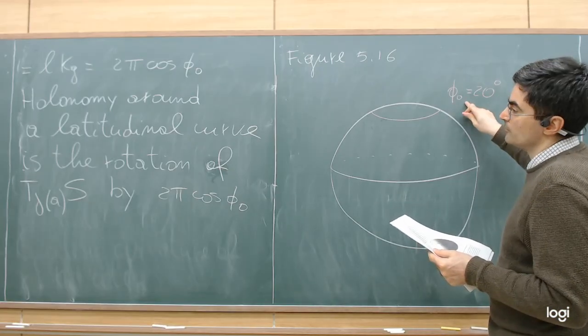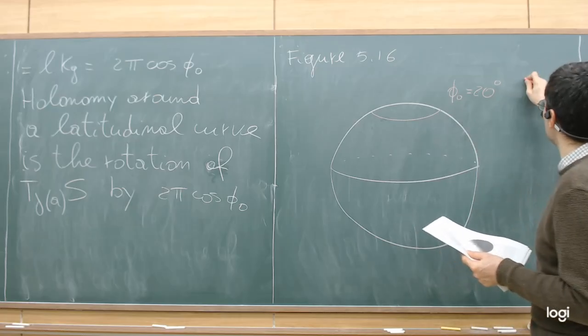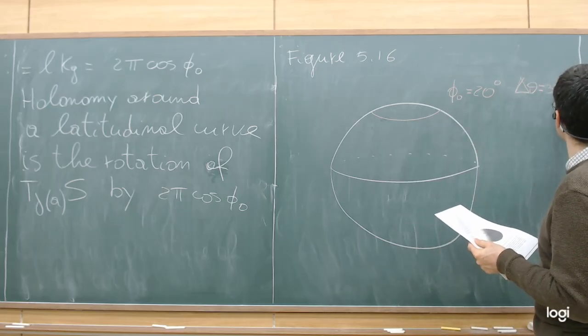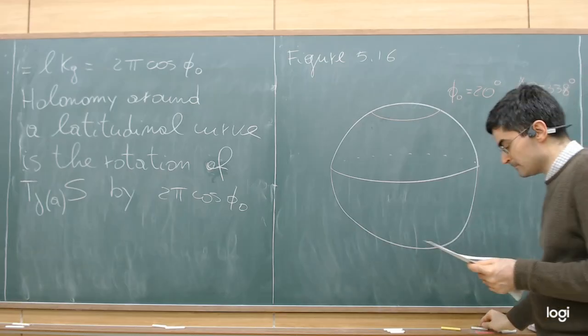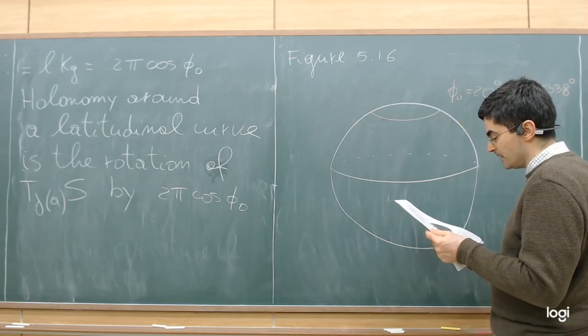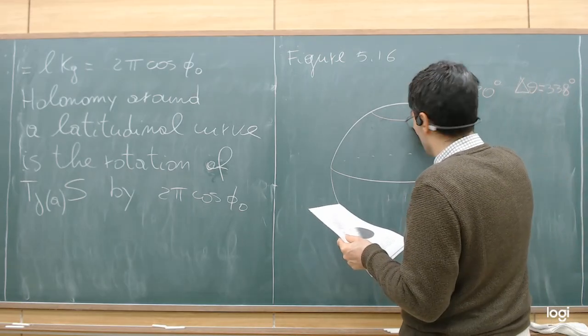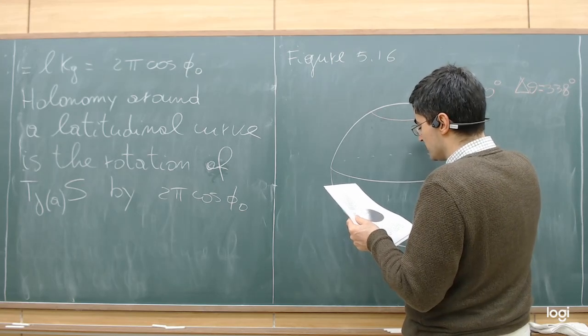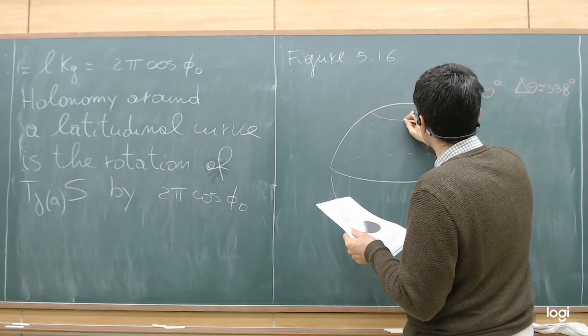To this value of phi 0 corresponds a delta theta of 338 degrees. And if you try to make a picture, you get the following.